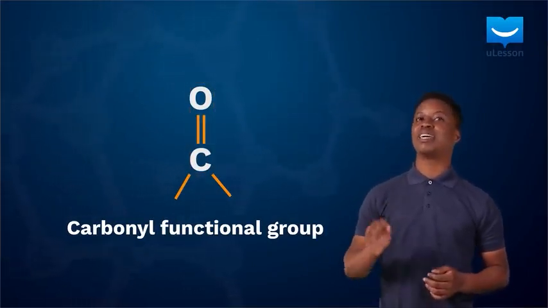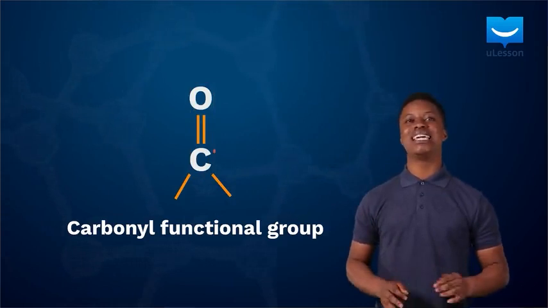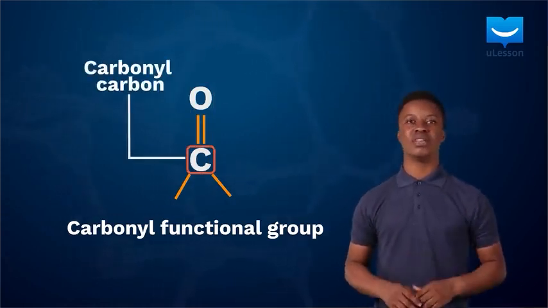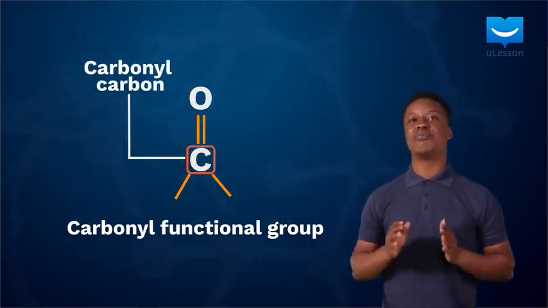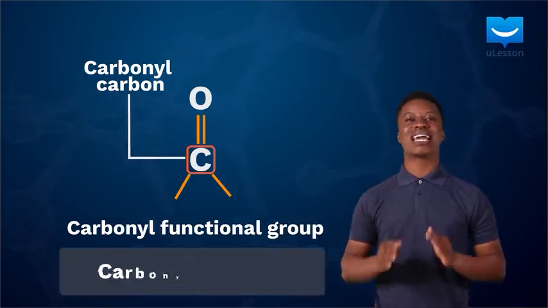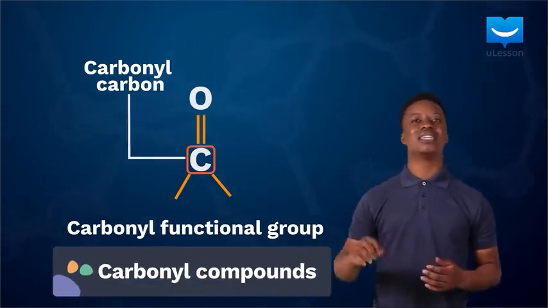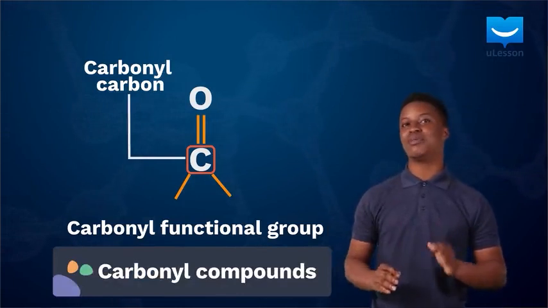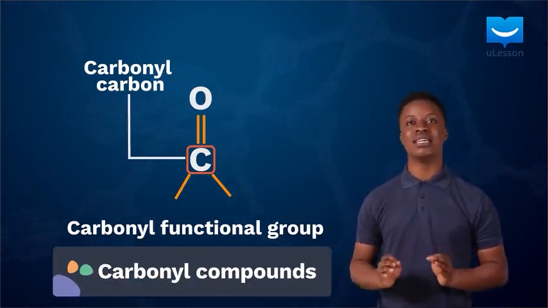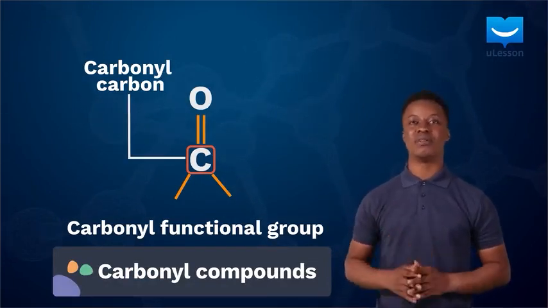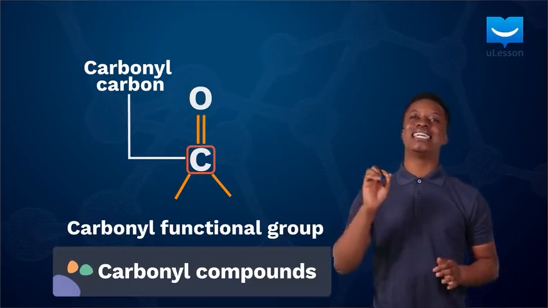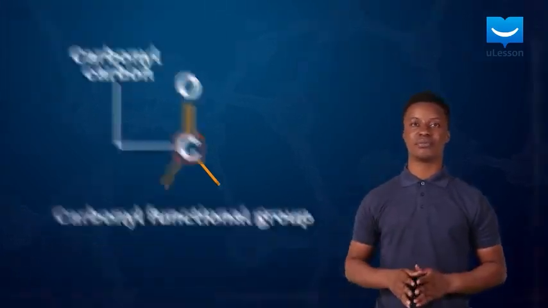The carbon atom of a carbonyl functional group is called a carbonyl carbon, and compounds containing the carbonyl functional group are called carbonyl compounds. So, alkanals and alkanones, the two families of organic compounds that we'll discuss today, are carbonyl compounds because they contain the carbonyl functional group.